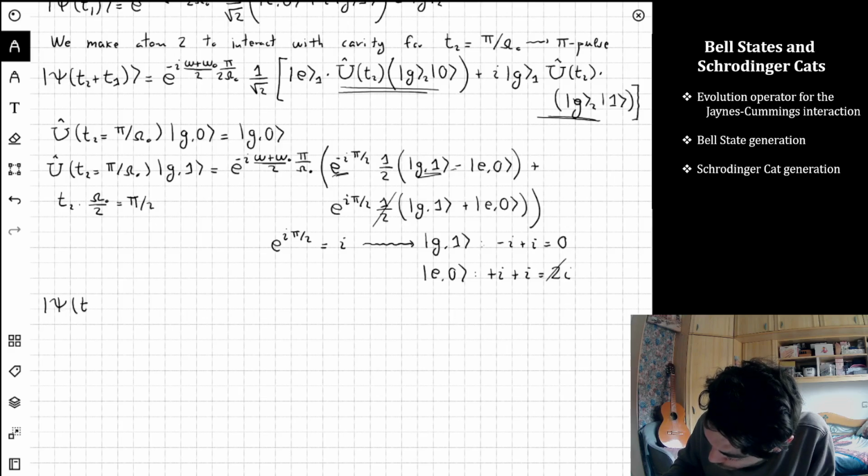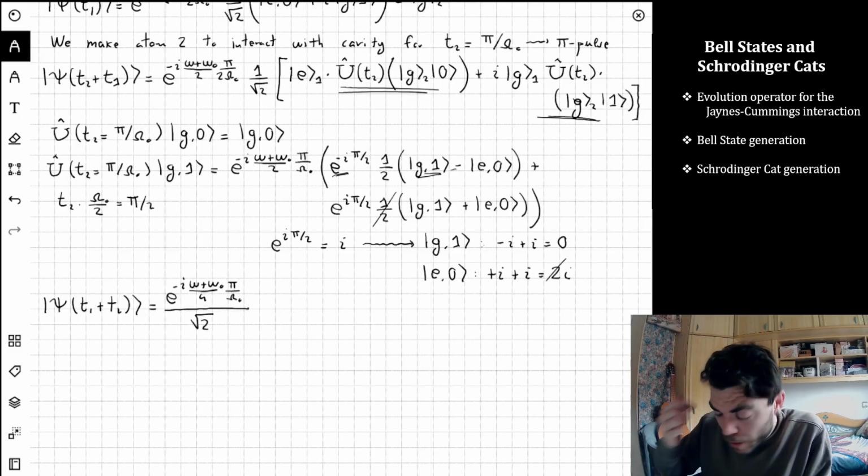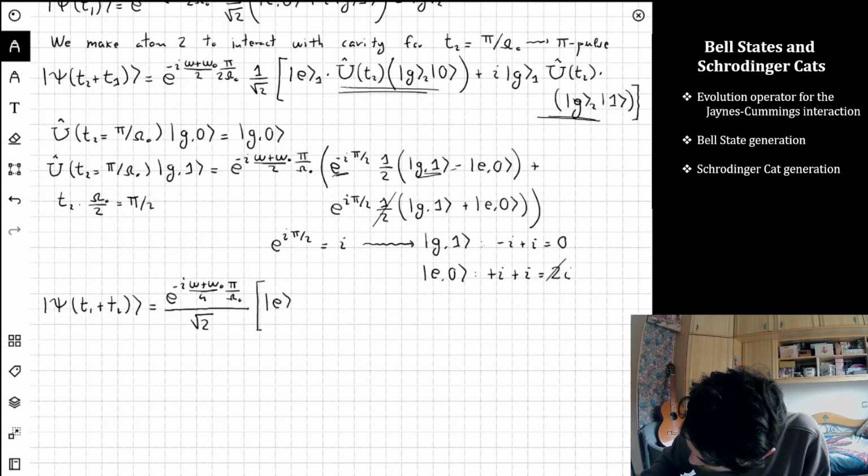the wave function at time t1 plus t2 is equal to e to the minus I omega plus omega 0 divided by 4 pi over omega 0. This came from before, from the first interaction, over square root 2, and now we have E1.